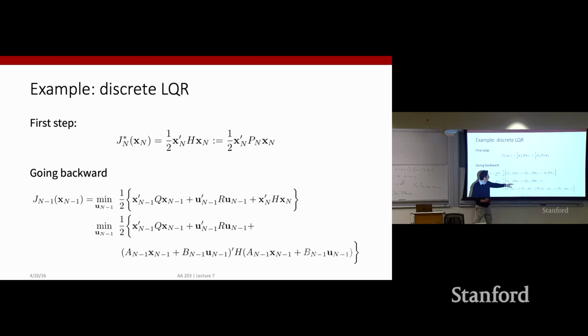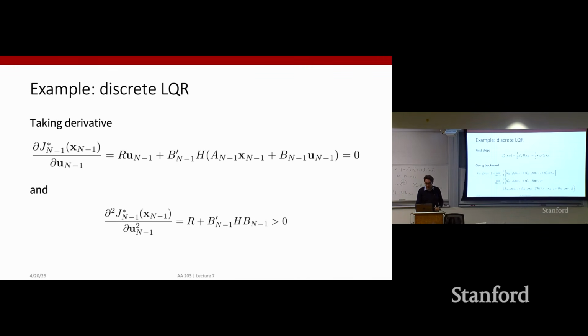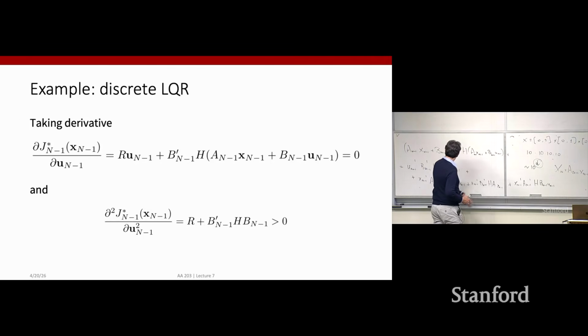So when you take the derivative with respect to u, this goes away. This is a quadratic, so the derivative with respect to u is simply Ru. Remember, there is a 1/2 that's multiplying all of that. And then I'll leave this as an exercise for you, but you take a derivative of all this stuff here.